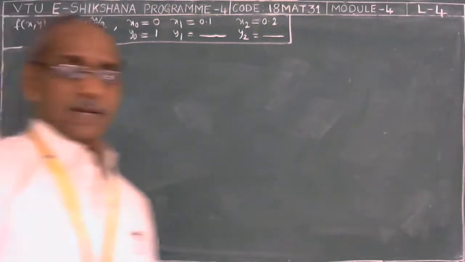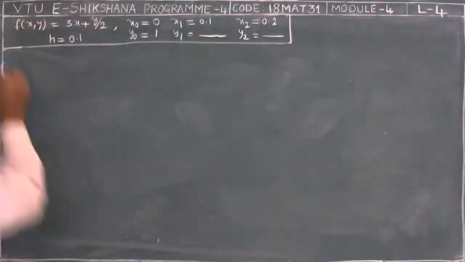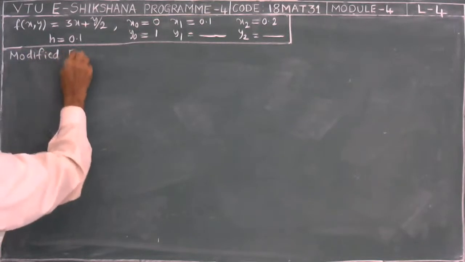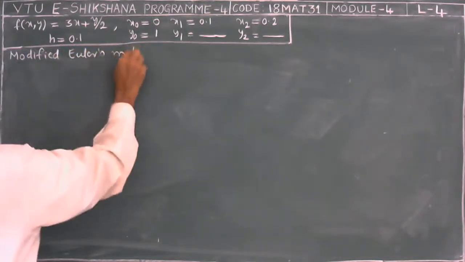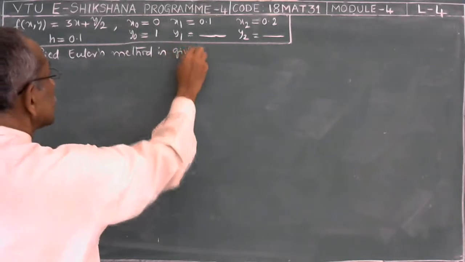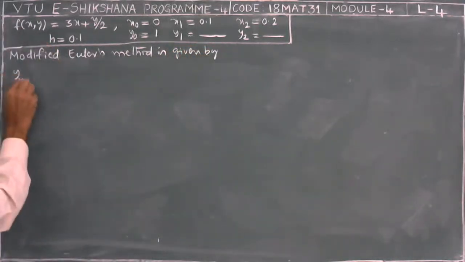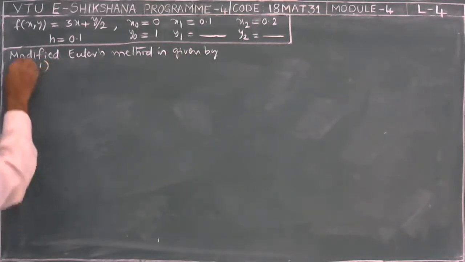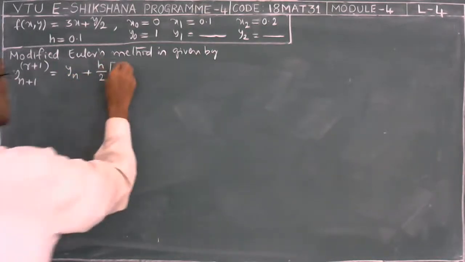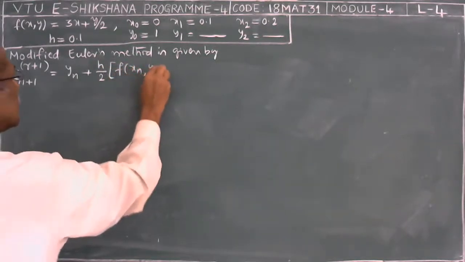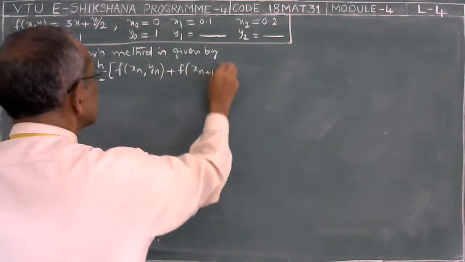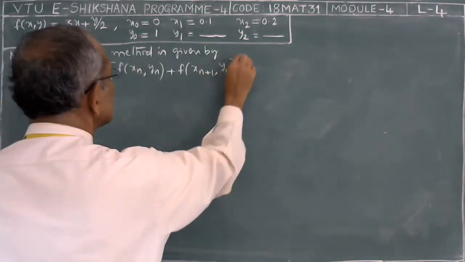Let us apply the modified Euler's method to find these y1 and y2, with the restriction to carry out 2 iterations at each stage. Modified Euler's method is given by y n plus 1 r plus 1 is equal to yn plus h divided by 2 into f of xn comma yn plus f of xn plus 1 comma yn plus 1 r.